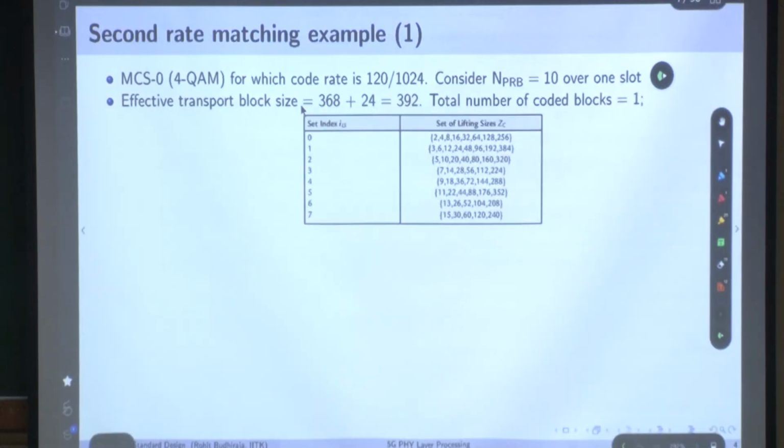Now, the output of the segmentation module: the total number of coded blocks is 1, of size 392. This needs to be encoded by the LDPC encoder, and the LDPC encoder can encode only certain selective sizes, which essentially means the encoder can only be of a particular length.